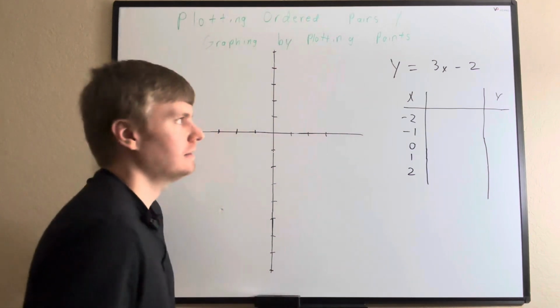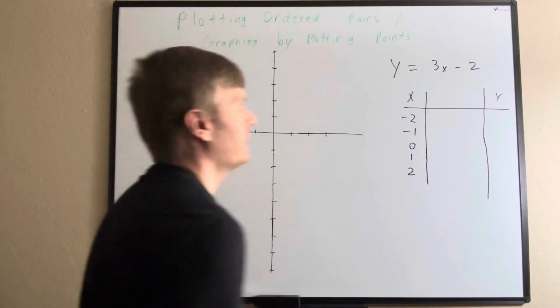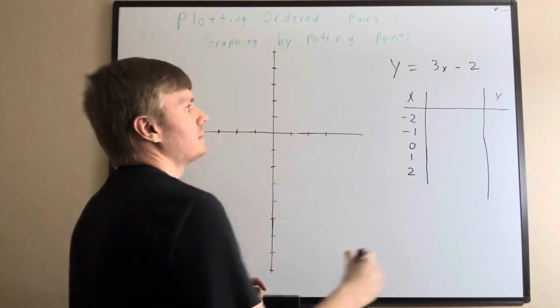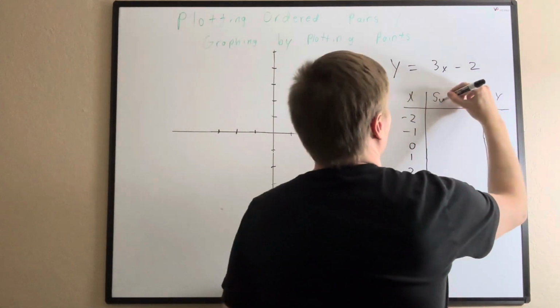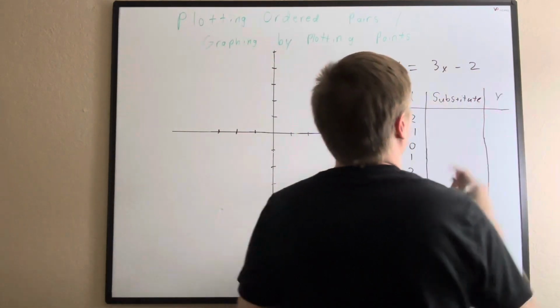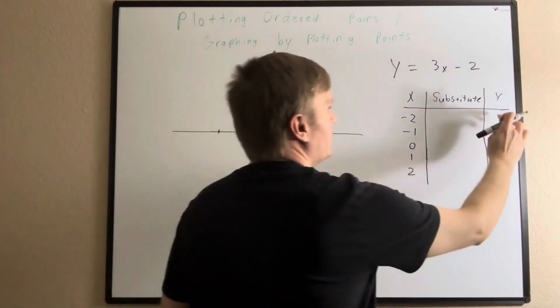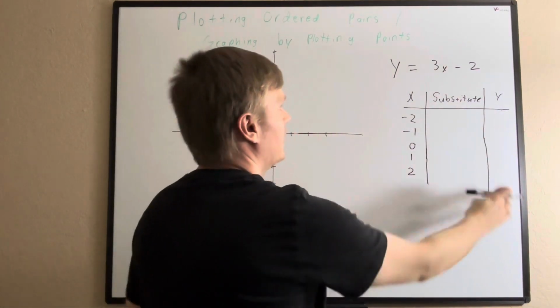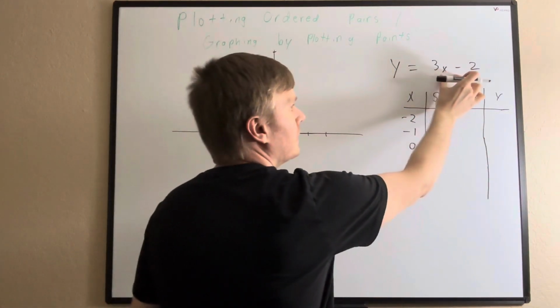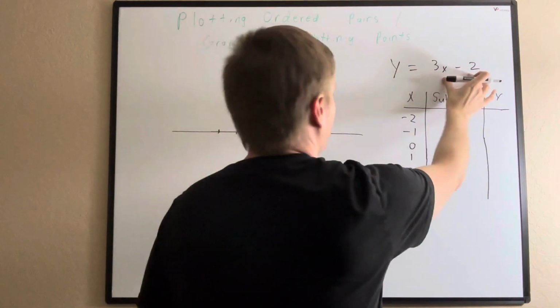Well, maybe not the easiest, but the most surefire way to graph something is to just substitute values for x and see what comes out the other side. This is an input, and this is your output. That's what a function is.